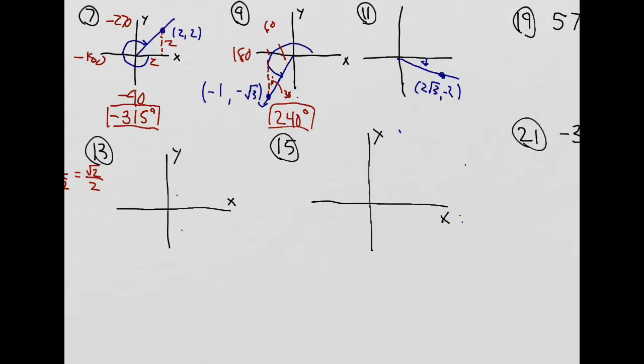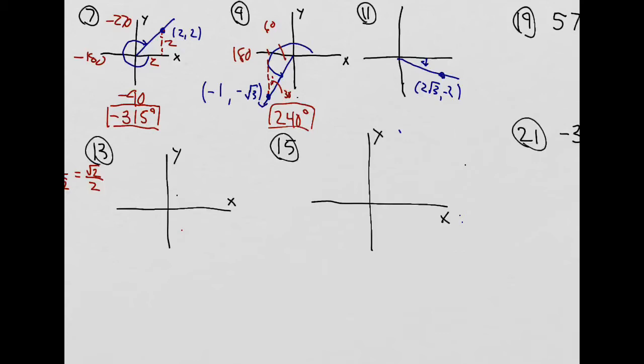If it was a 45, 45, these two numbers would always have to be the same magnitude, right? Not true in this case. We have 2 square root of 3, negative square root of 2. It's got to be a 30, 60, 90. Let's draw a little triangle here.